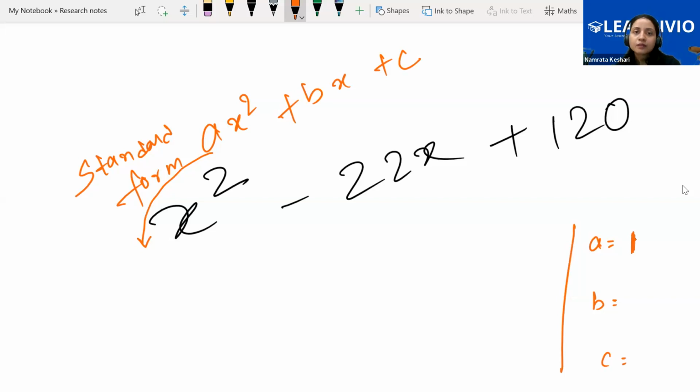In our polynomial, x square's coefficient is 1. What is b? Minus 22. Here a, b, c are numbers only, not x, y, z. Variables we are not taking. a, b, c means numbers.